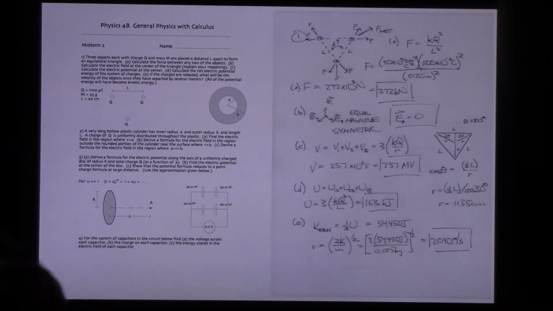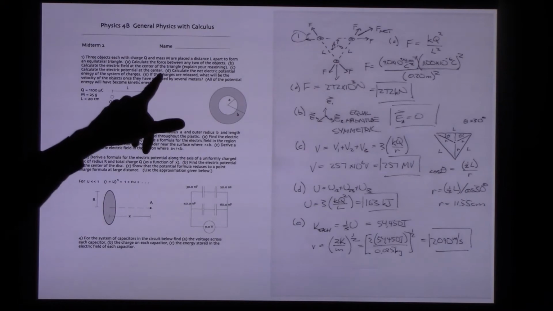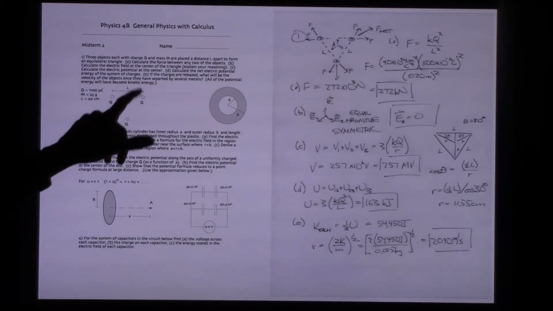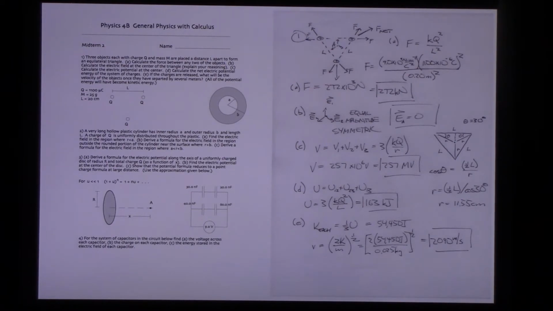So I'm realizing what this problem is asking about is everything, right? It's asking about force, it's asking about electric field, it's asking about electric potential. So the only thing missing here is potential energy, and look at part D. Calculate the net electric potential energy of this system of charges.